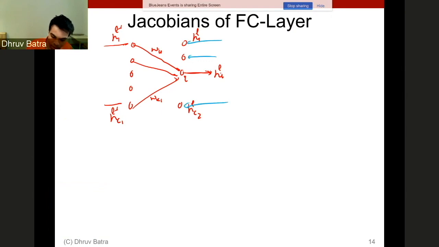And by that, what I mean is this input is partial of loss with respect to HL1. This is partial of loss with respect to HL2, and so on, till partial of loss with respect to HLC2.